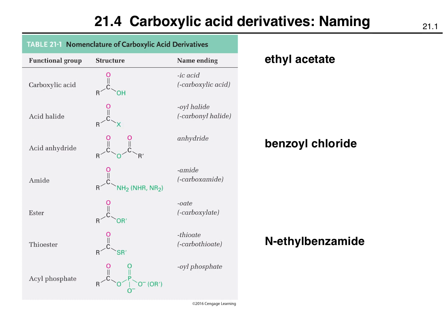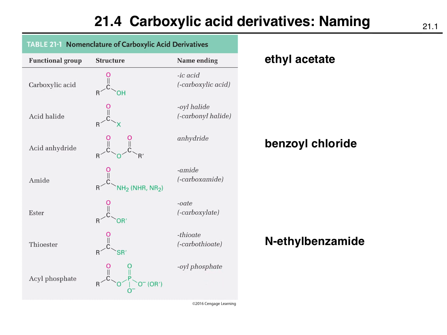For an acid halide, it will end with either yl halide or oyl halide. For the acid anhydride, this is a general structure, and you name the acid pieces and then anhydride. Amide, it is named as an amide. An ester, we have the ate ending or oate ending if needed. For a thioester, it has the thioate ending. And then finally for an acyl phosphate or a phosphate ester, it would end with a yl or oyl phosphate.